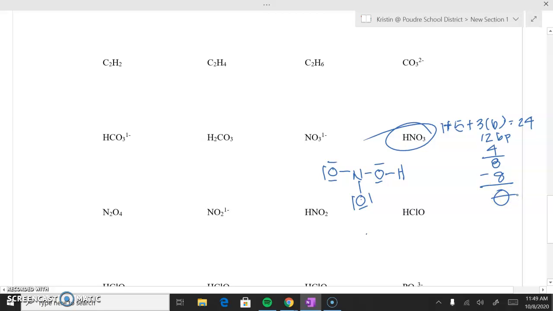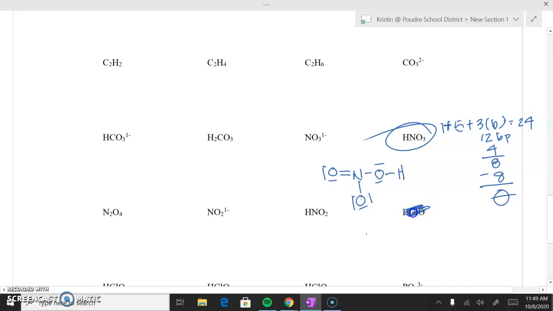And the oxygens are in good shape, but nitrogen is not. And so what I need to do is make a double bond. So I'm going to take away a bond on an oxygen. I'm going to double bond it so that nitrogen also has 4. You don't have to pick the left-hand oxygen to double bond.